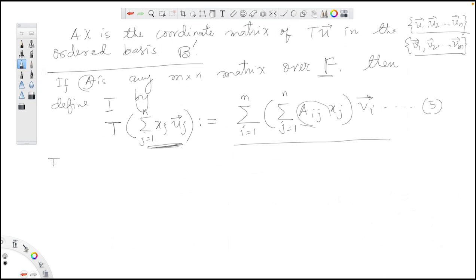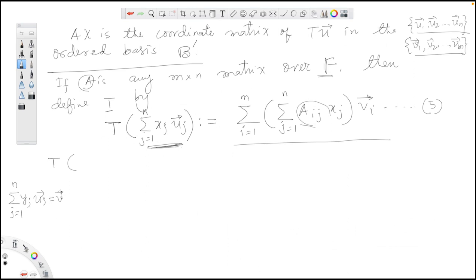So T acting on c times this vector plus another vector of the vector space V. Let us denote that vector by the sum over j from 1 to n of y_j u_j. This is vector v.